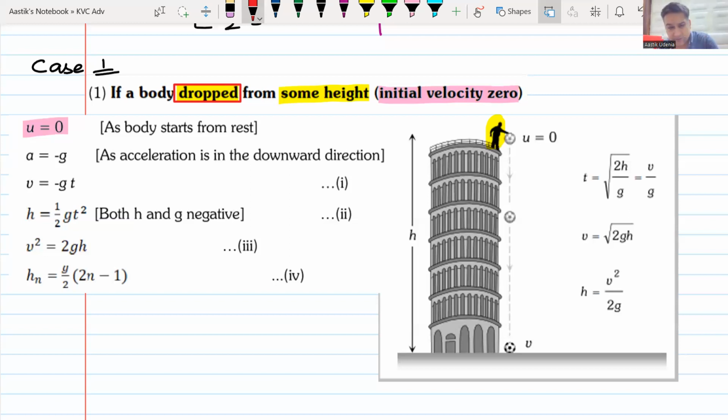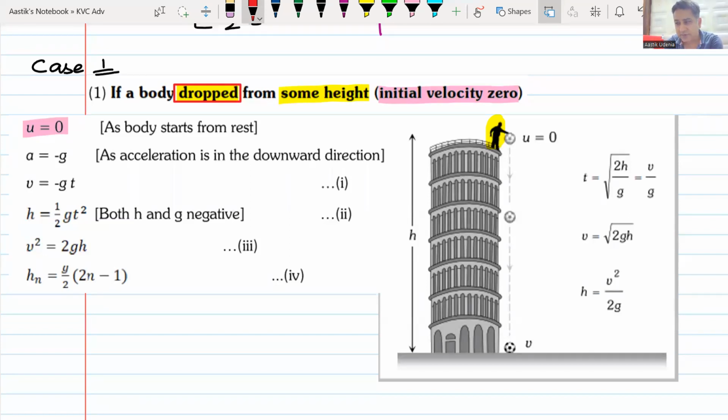It will be the same as the velocity of the balloon. If it is going up, the initial velocity will be upwards. If it is coming down, the initial velocity will be downwards. Do we understand this? So when you are inside something, you have the velocity of that thing.